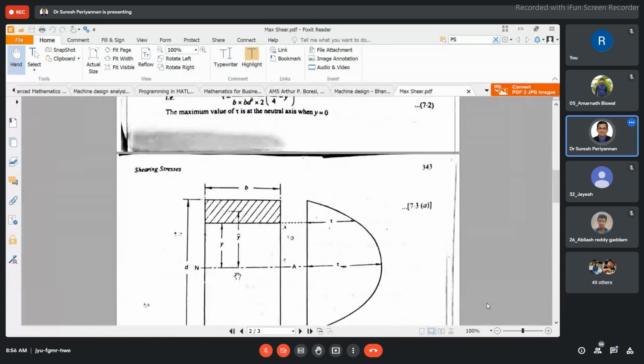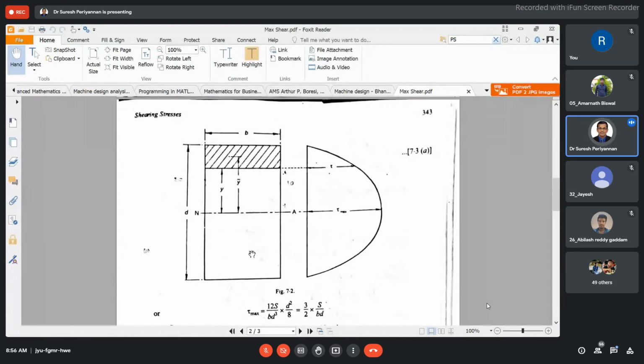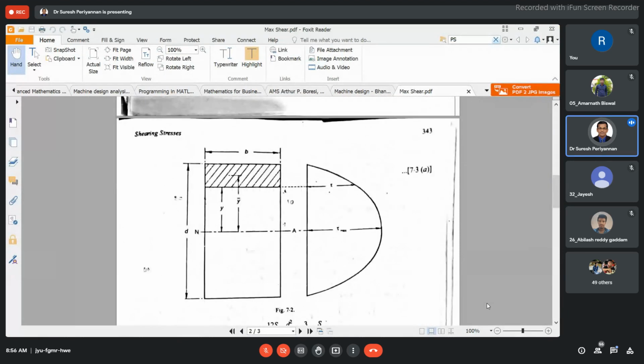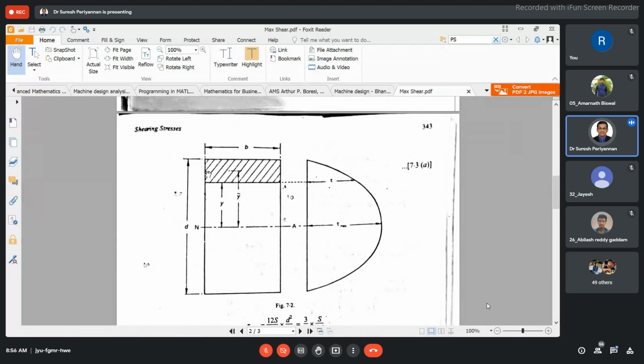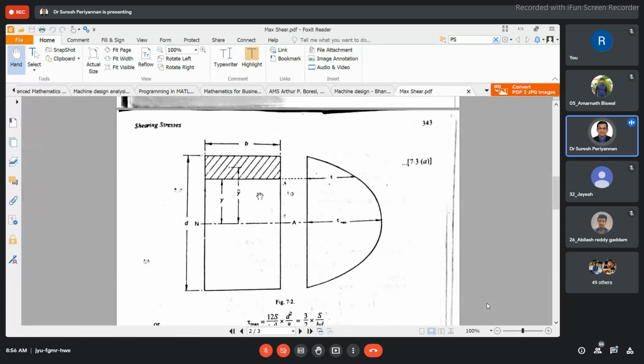See here, this is a rectangular cross section, and I consider this the neutral axis. The small elemental area is at a distance y from the neutral axis, and y bar is the distance from the centroid of the considered section area to the neutral axis.